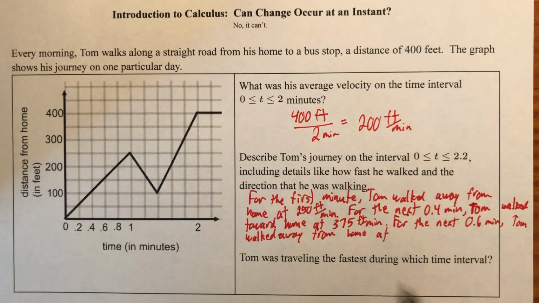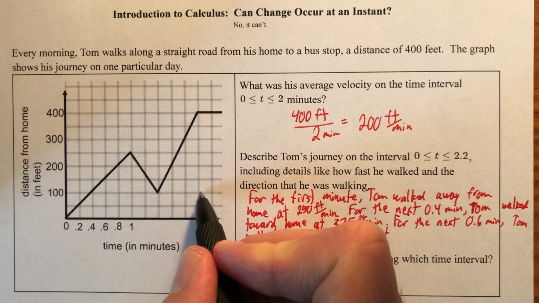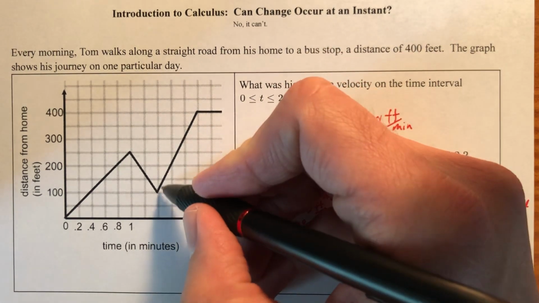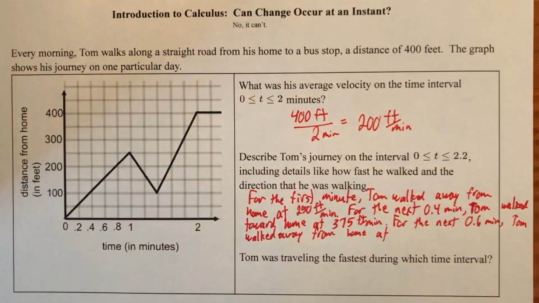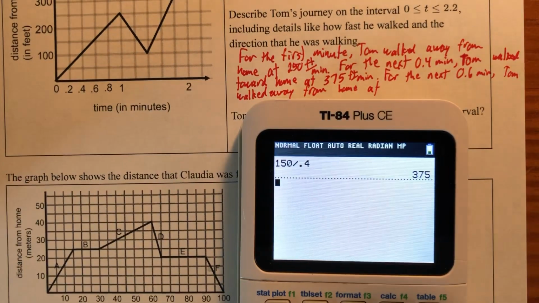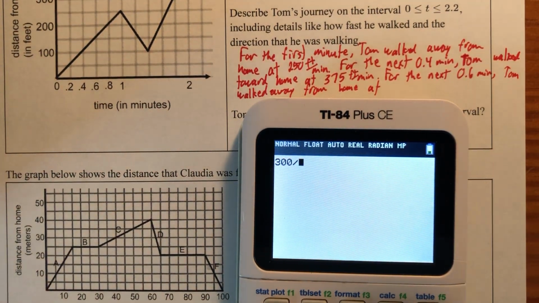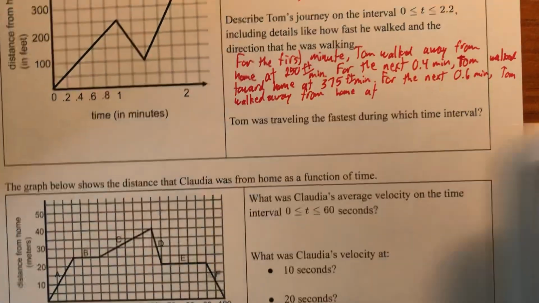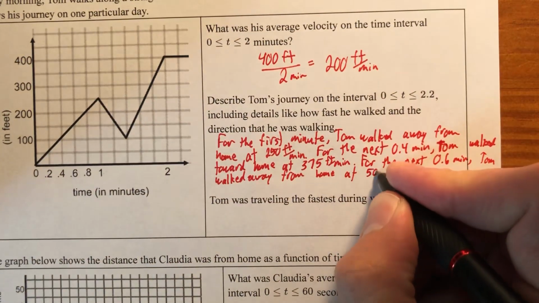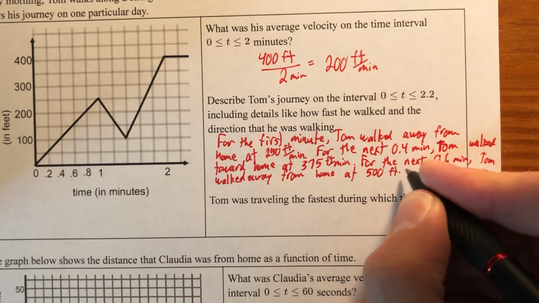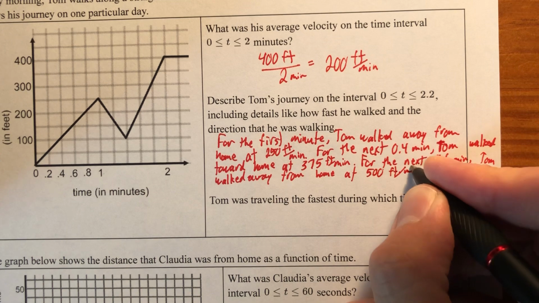So let's see, Tom walked 0.6 minutes and traveled 300 feet. 300 divided by 0.6 is going to be 500, so 500 feet per minute.